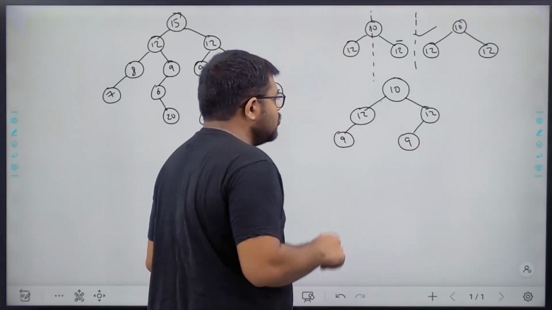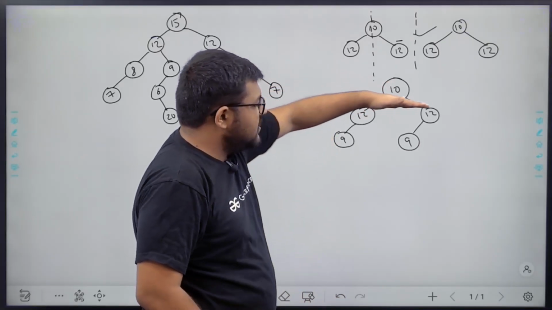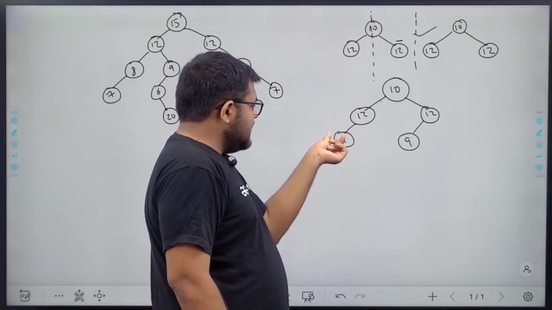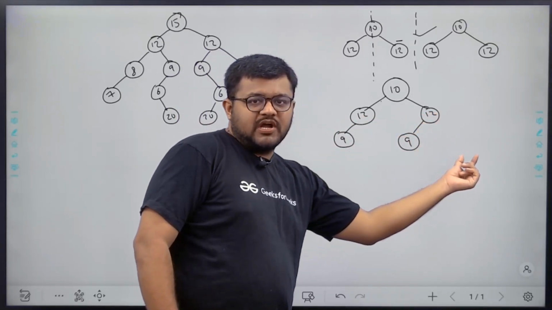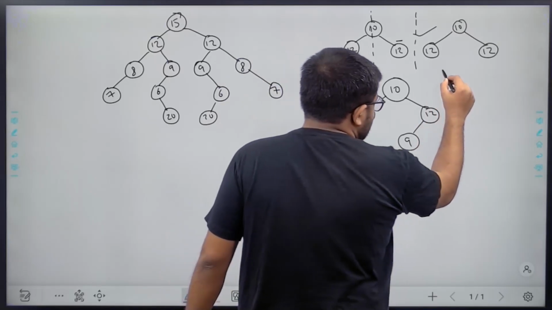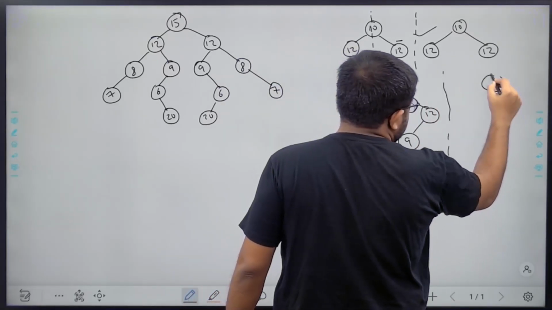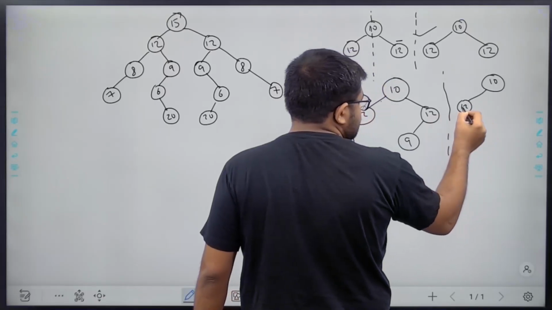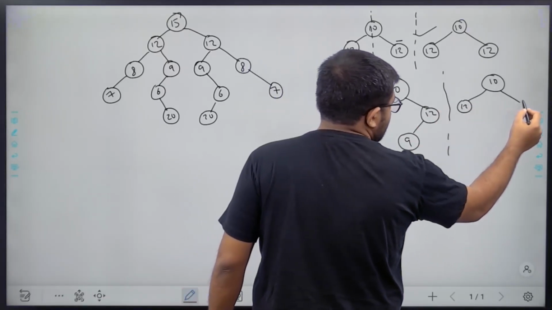Is this symmetric? No. See, here it is 10, here it is 12, 12, that's okay. But for this 9 and 9, if this is the left child here, this should be the right child, then it will be symmetric. If I draw a mirror image, see, what will happen? 10 will come here, right? Then this 12 will come here, and this 12 will go on the right side.